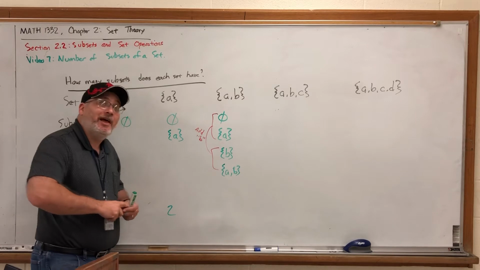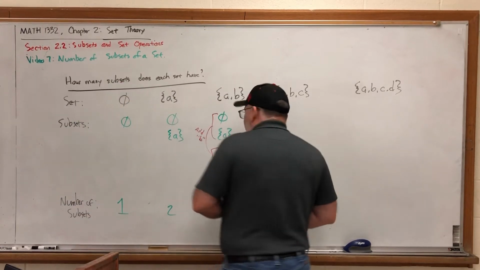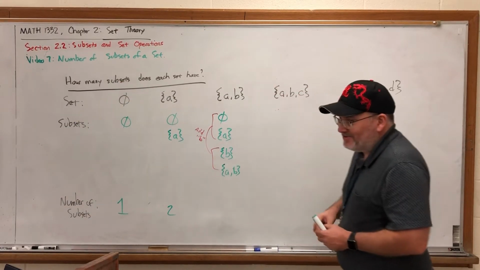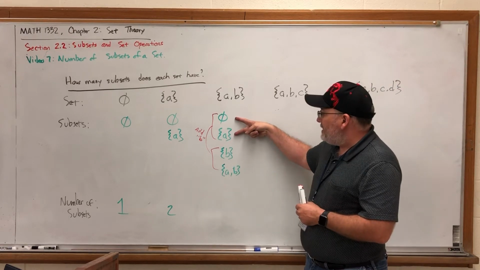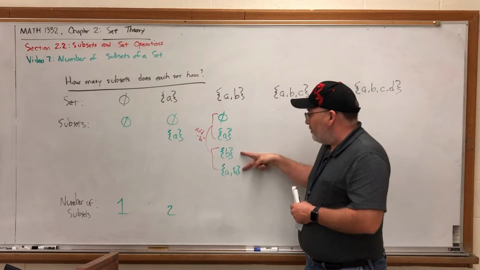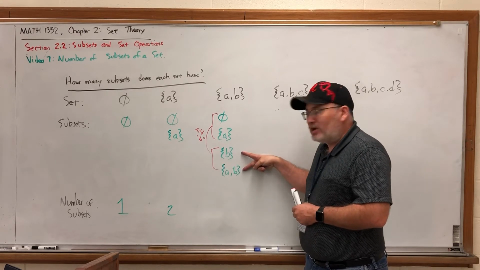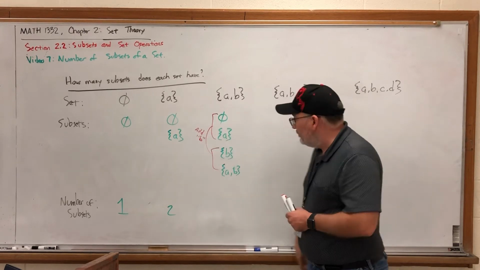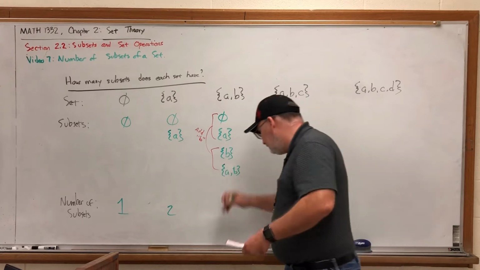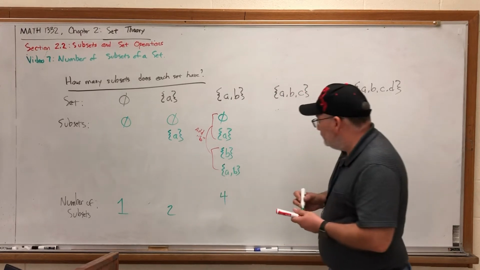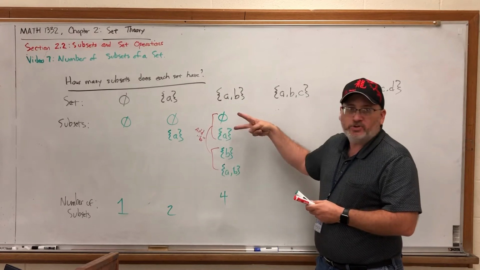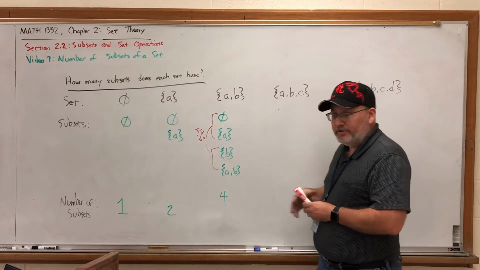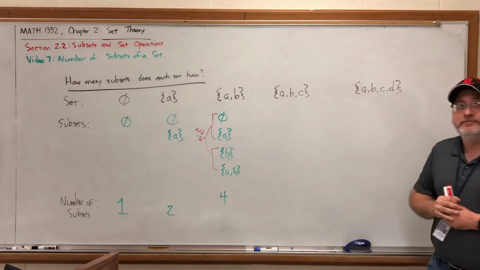Include B as an element. The correct word is union, but I'm trying not to use that word right now. All right, so we took all the subsets that didn't have a B and gave them a B to make new subsets that couldn't have been over here because there was no B over there. 1, 2, 3, 4. So basically, every set over here got to show up twice, once without the new letter, once with the new letter. Guess what I'm going to do over here?